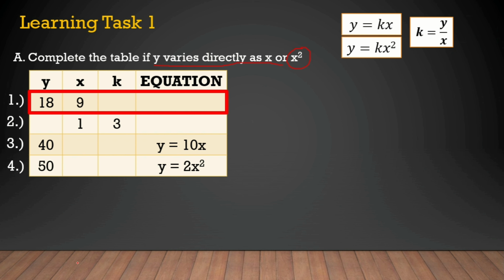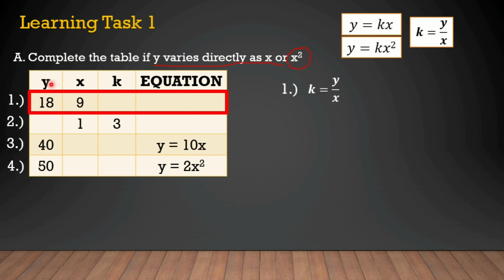Okay, so una nating sagutan yung number 1. Kung mapapansin ninyo, ang given natin dito sa number 1, yung y is 18, x is 9. So, ang hahanapin natin ay yung constant of variation at saka yung equation. So, ano yung gagamitin nating formula dito sa tatlo? Since hinahanap natin yung constant or yung k, ang gagamitin nating formula is yung k is equals to y over x.